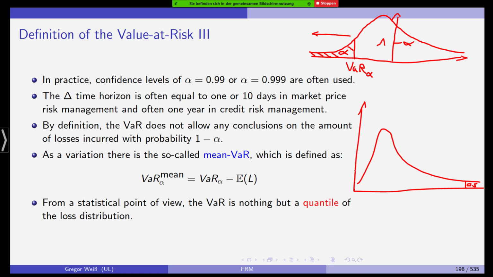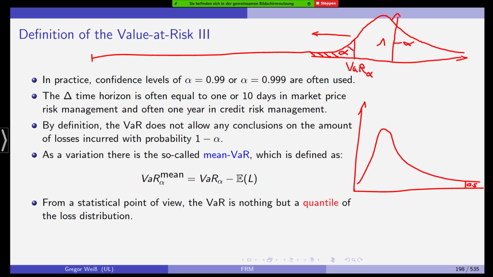As you can see from these two plots, you don't have any information about how the distribution goes on here. It could be that it looks like this, and this is the maximal loss. You only know that the whole probability mass left of the valued risk is alpha.